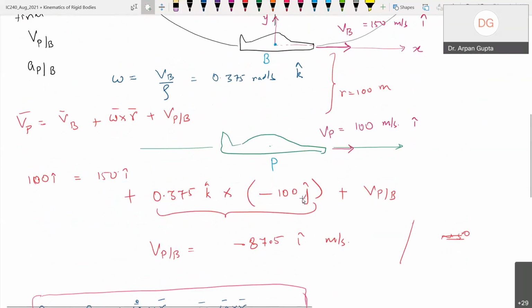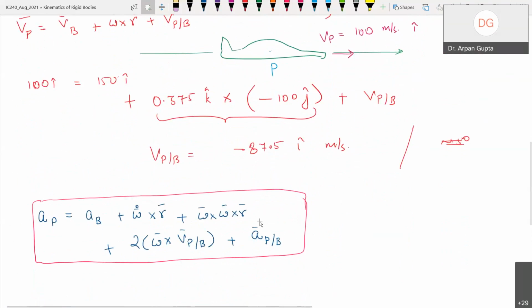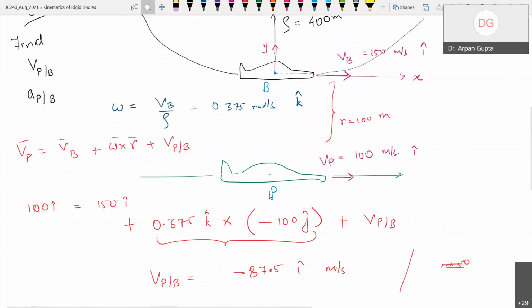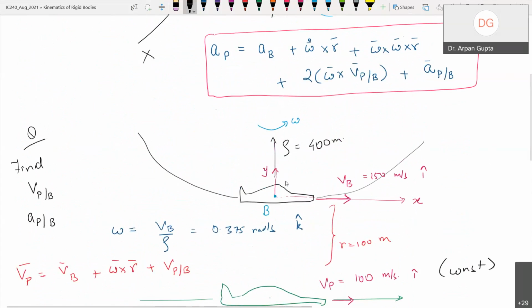Acceleration of point P, we know it is 0 because this is given to move at a constant velocity, and this velocity magnitude is constant.